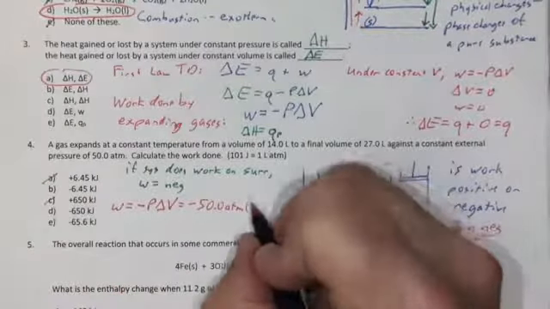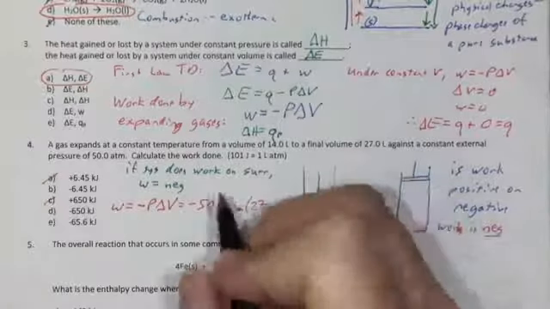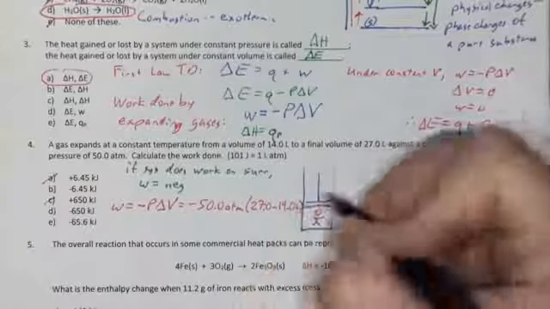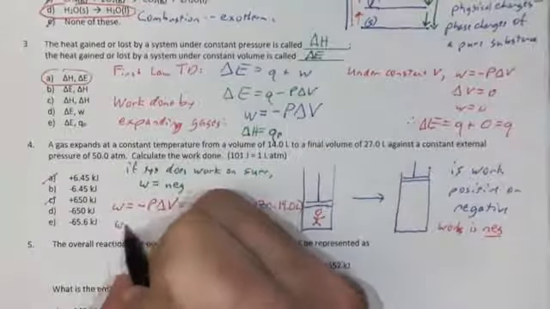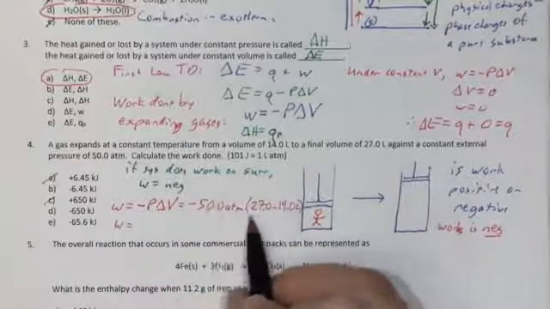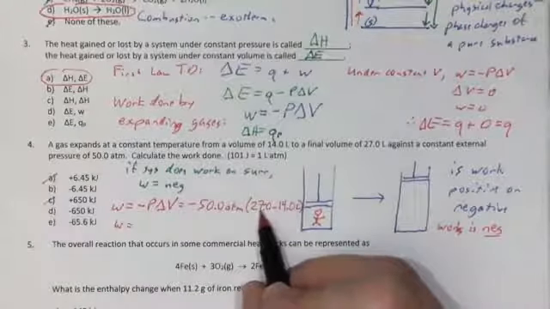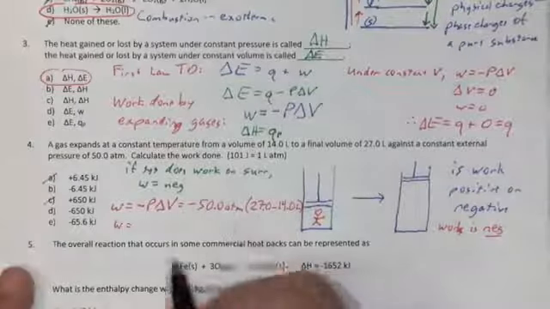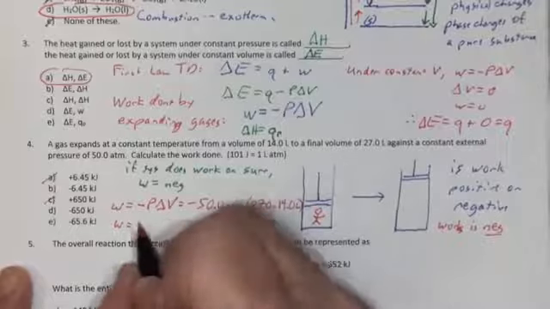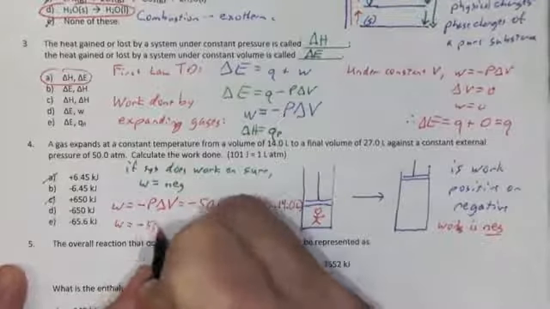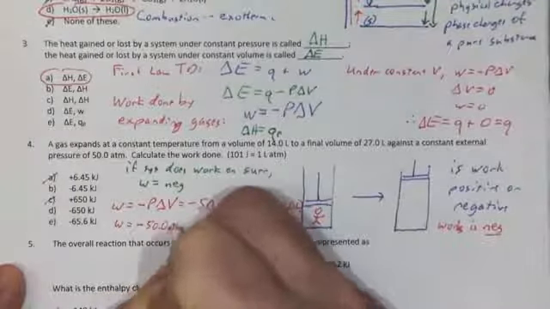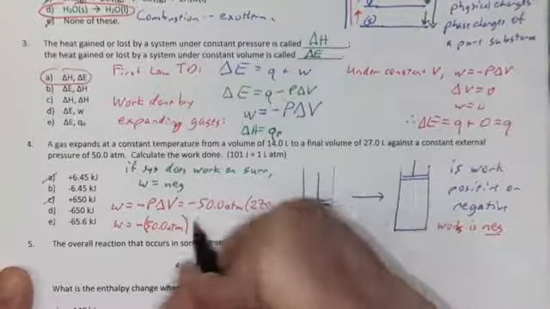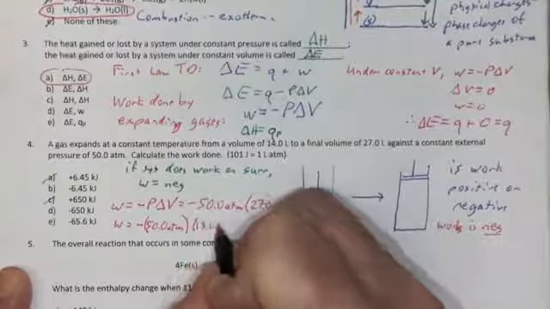The final volume is 27.0 minus the initial volume, which is 14.0 liters. So we'll just put here that work is equal to, whenever I multiply these two together, now I have this in liter atmospheres, which is not the appropriate unit, so I need to convert this. Let's write it this way: negative 50 atmospheres. That's the P. The delta V is 13. 27 minus 14 is 13 liters.